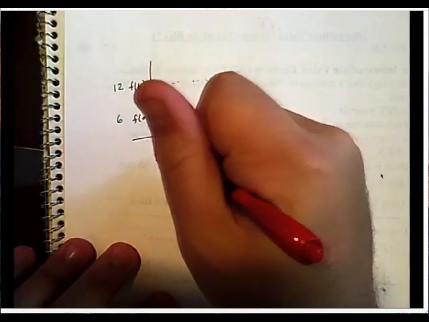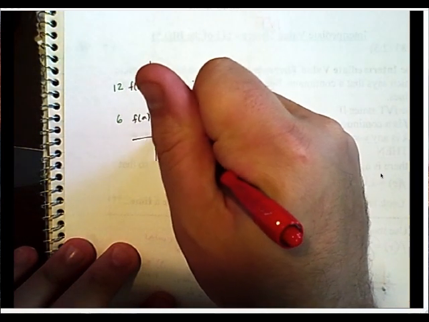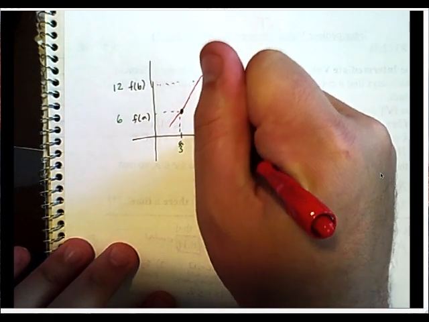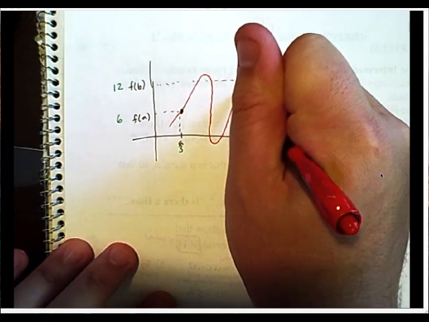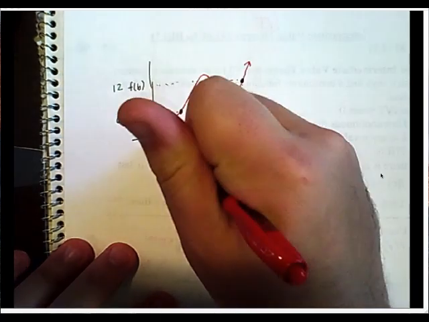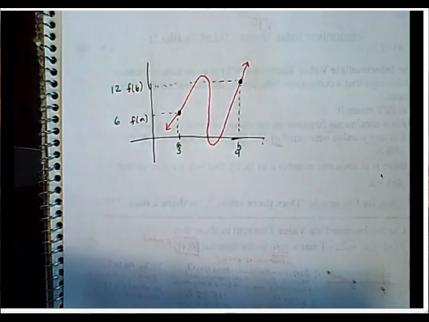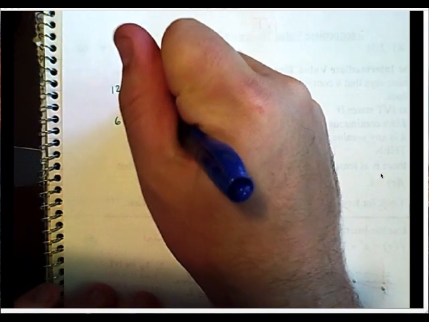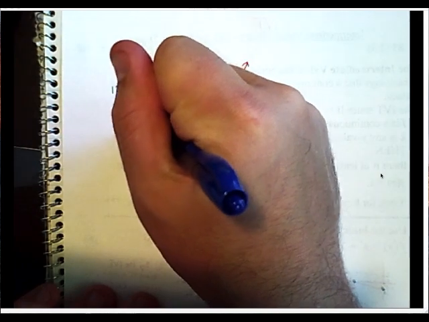Let me draw a crazy graph. All the intermediate value theorem does for me for sure, I know that I'm going to get every y value between 6 and 12.